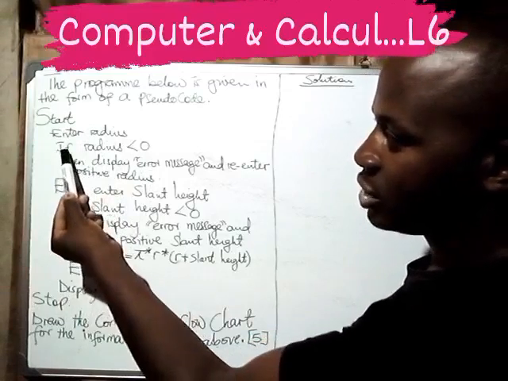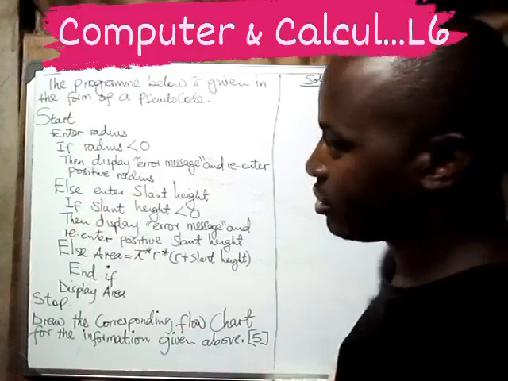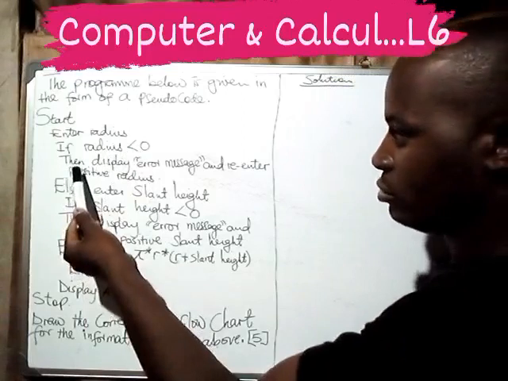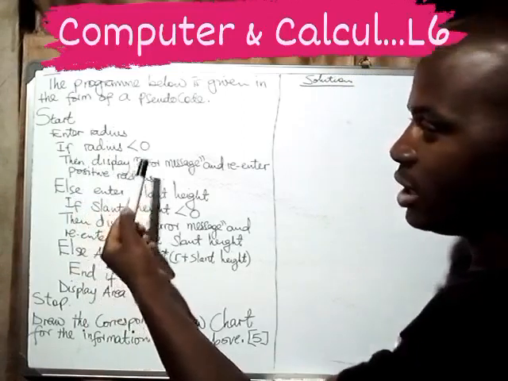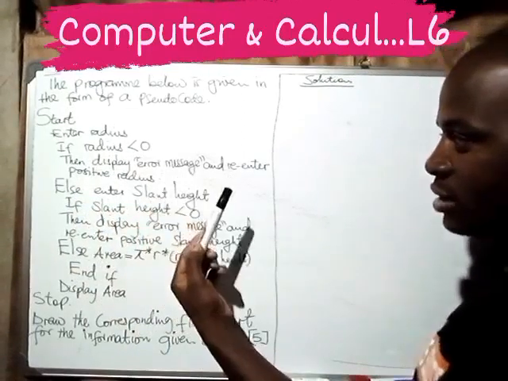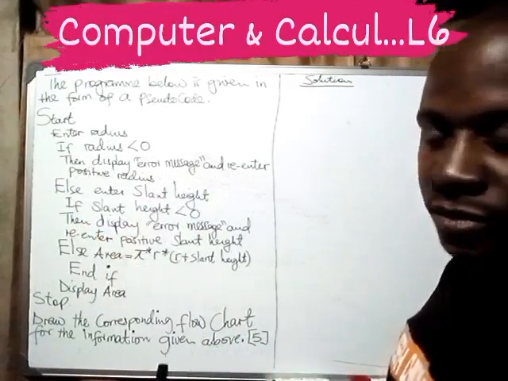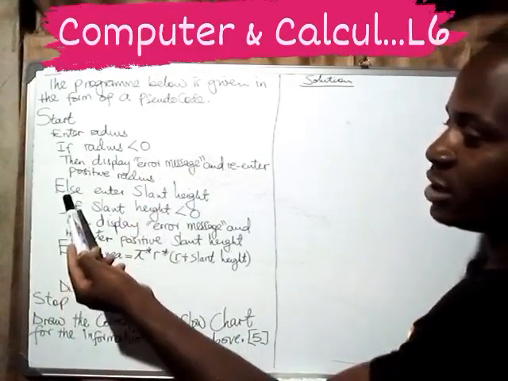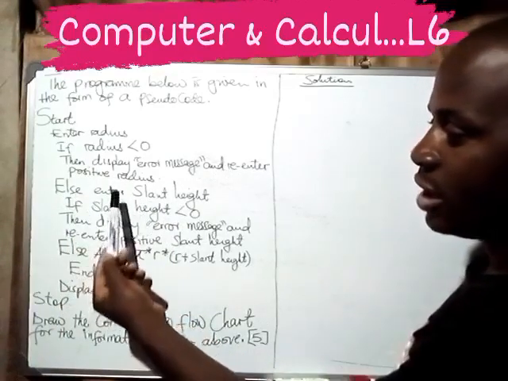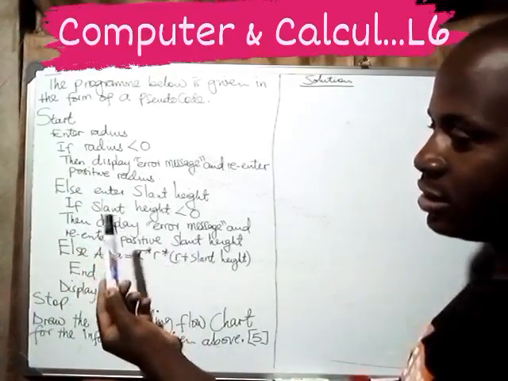And we are stored if radius is less than 0, then it displays error message and enter positive radius. Then the other step is else enter slant height.